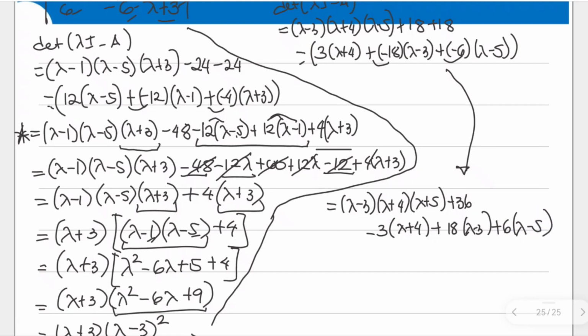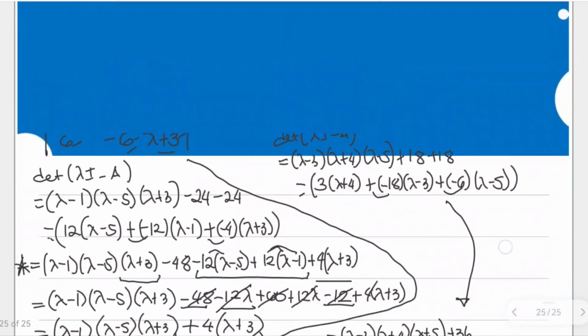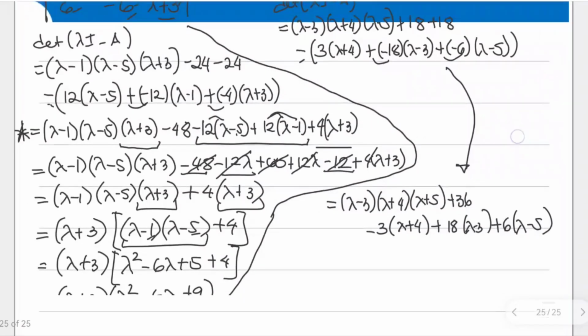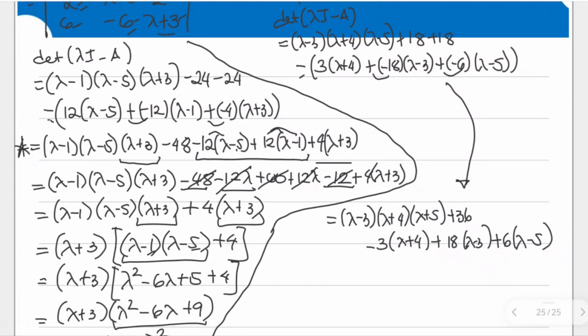Now, which of the things here could we actually use to allow us to factor? Sorry, is this minus? Yeah, I forgot to change it here, so let me go back. This is minus, so lambda minus 5. Which of this can be simplified, or removed?